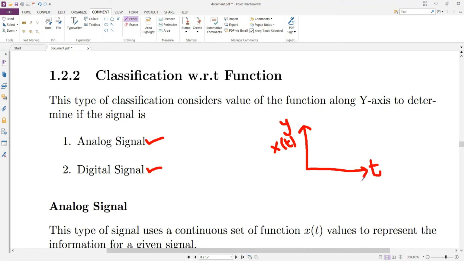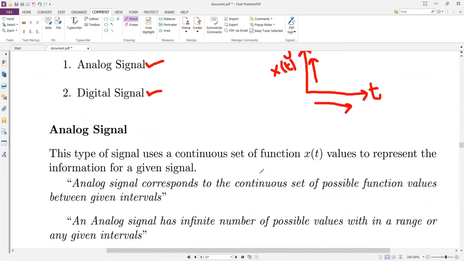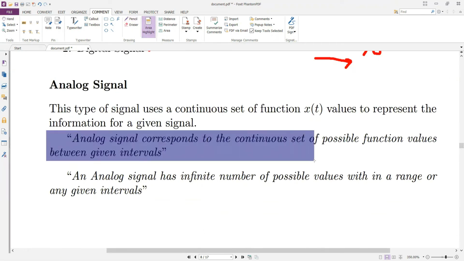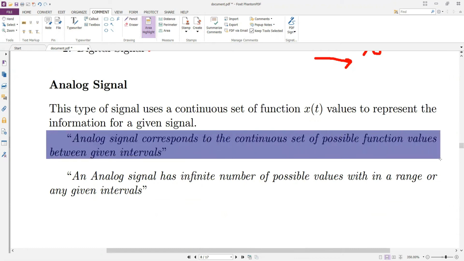Previously, we were looking at the values of the signal along the time axis. Now, we will look at values of the signal along the y-axis, or the dependent axis. An analog signal corresponds to the continuous set of possible values between a given interval.